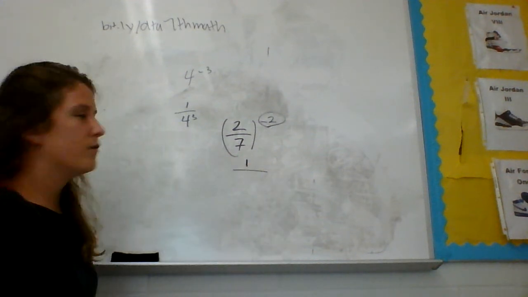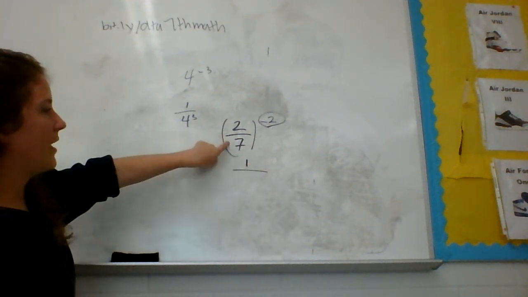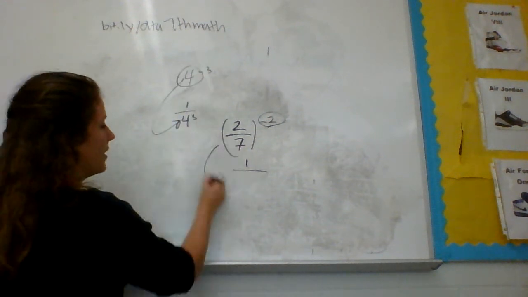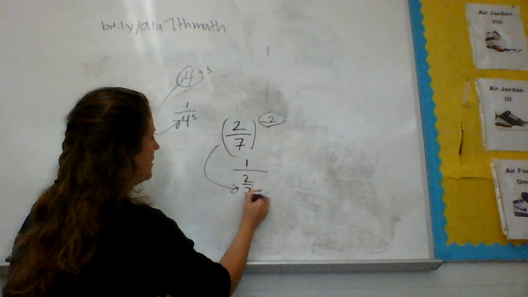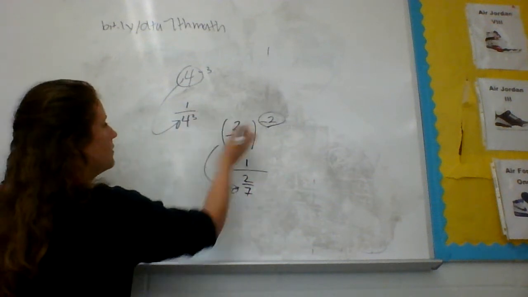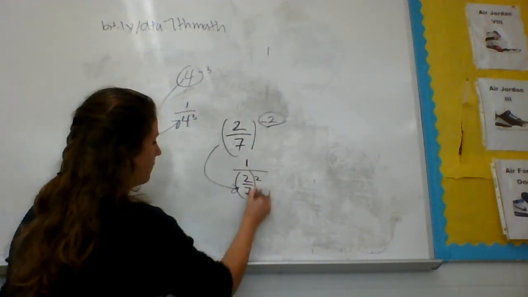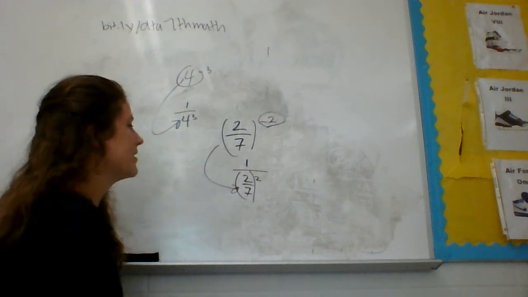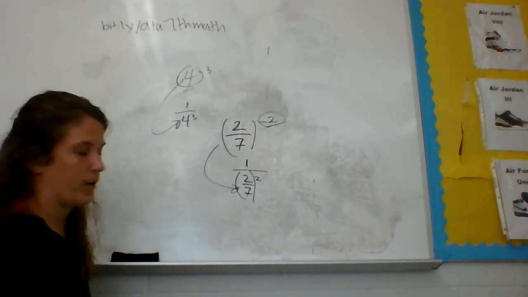So I'm going to put 1 over something. I then am going to take the base, just like I did here. I'm going to take the base, which is 2/7, and I know that it's going to go to the second power. So 2/7 to the negative second power is the same as 1 over (2/7) squared.